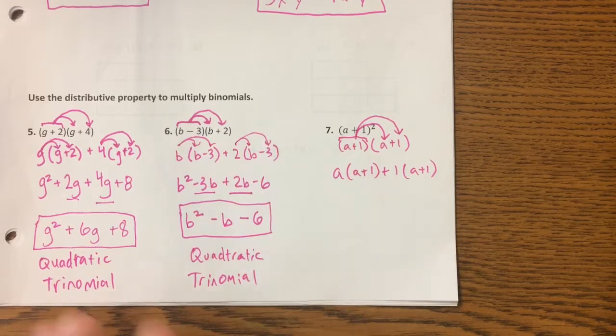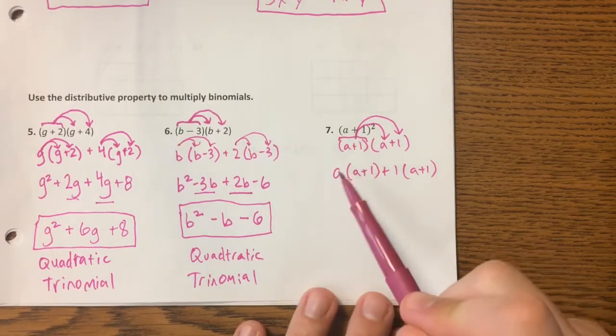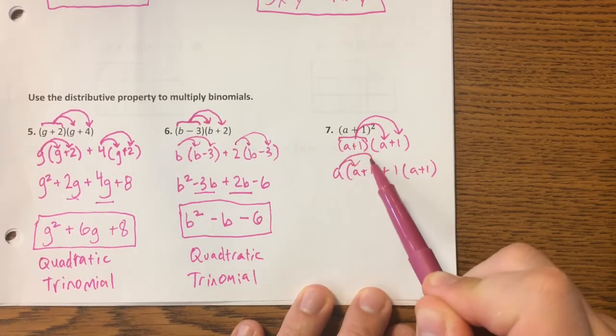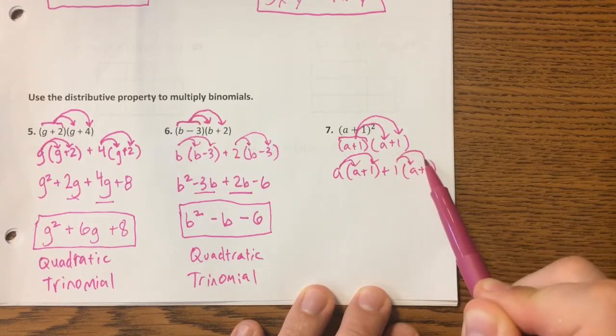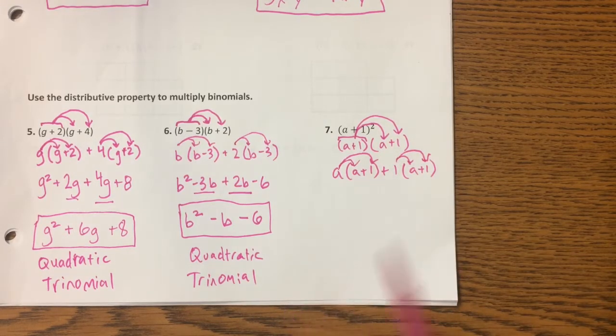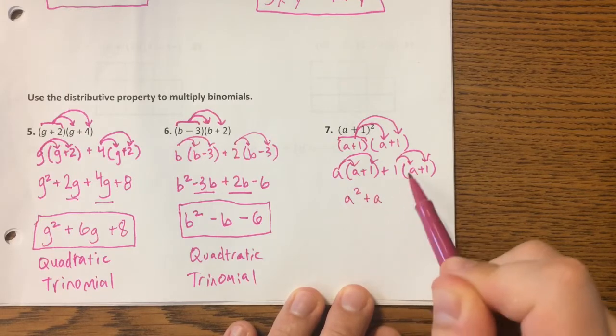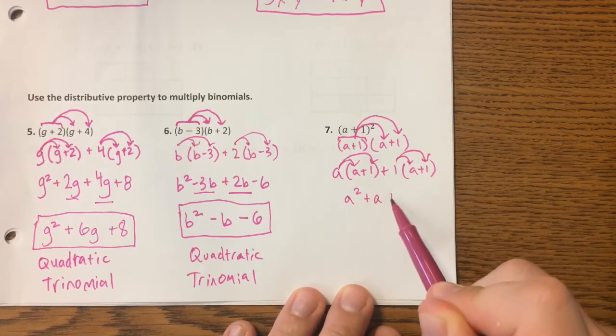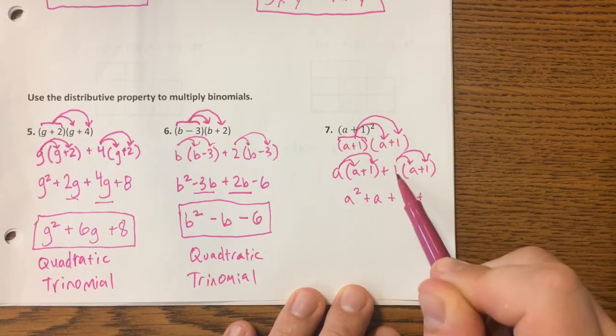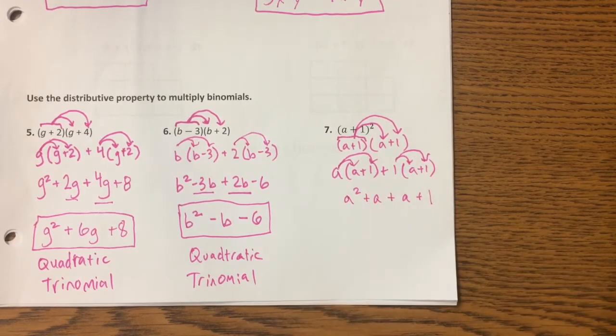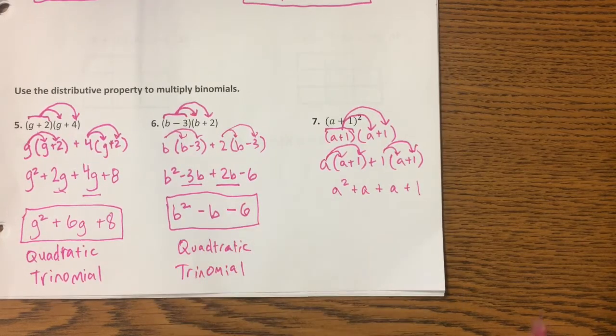And then I got to do the distributive property again. So I've got a squared plus a plus 1a is just another a plus 1 times 1 is 1. So what's my final answer going to be?